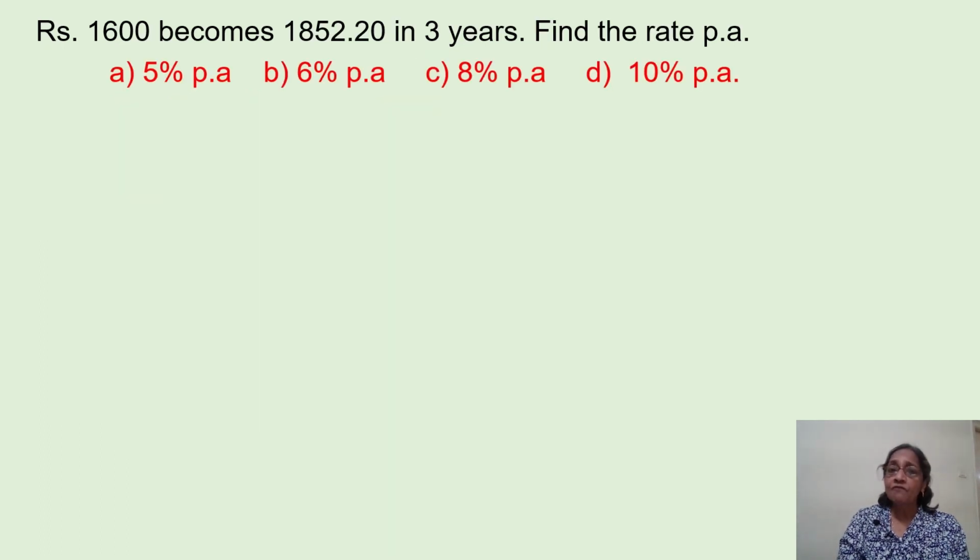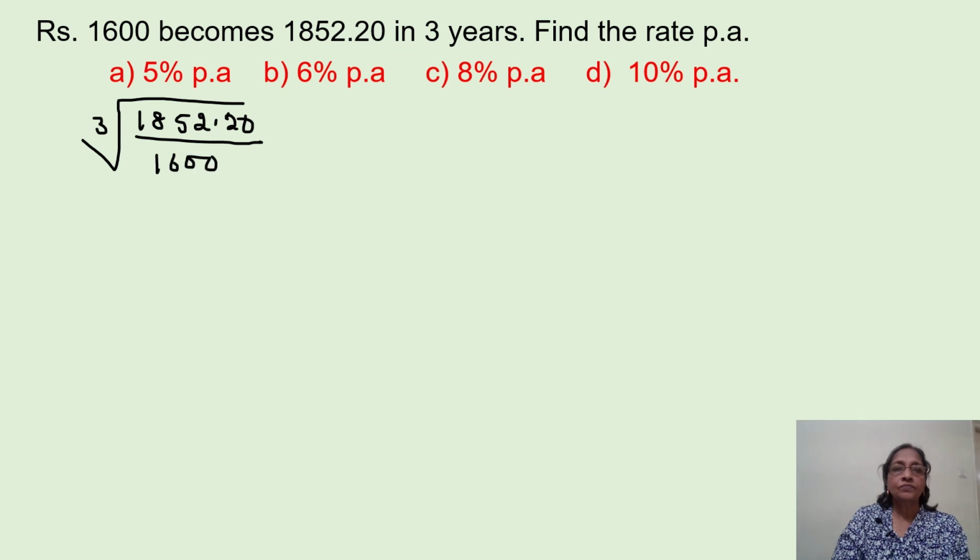Now here again we have got 3 years. Rupees 1600 becomes 1852.20 in 3 years. Find the rate percent. So we'll take the cube root of 1852.20 upon 1600 minus 1 into 100. This will be your rate.